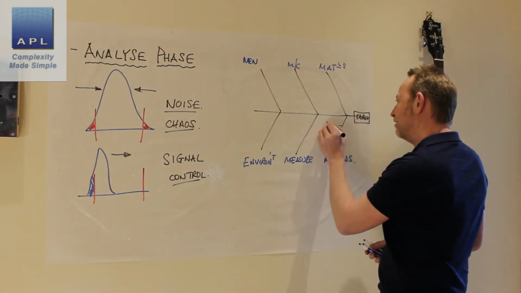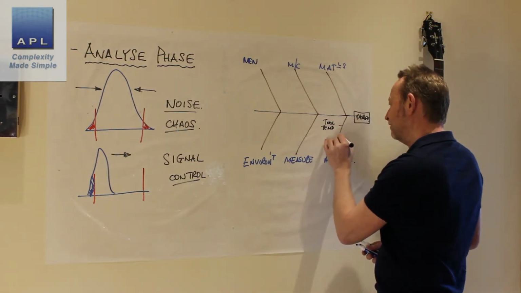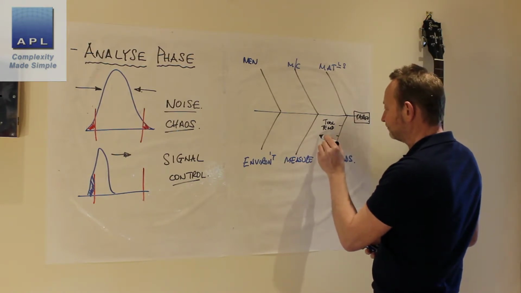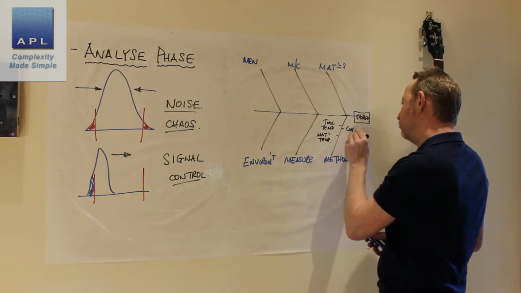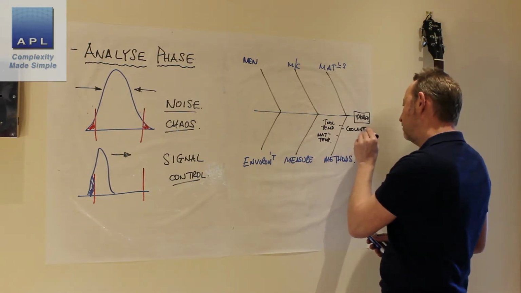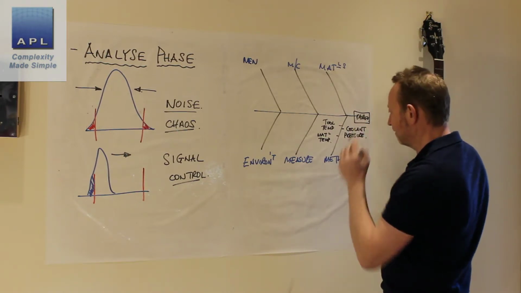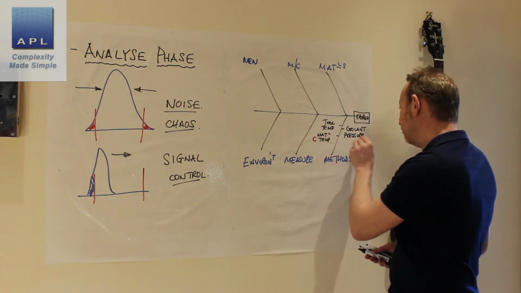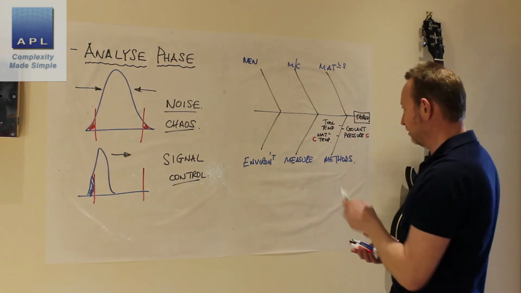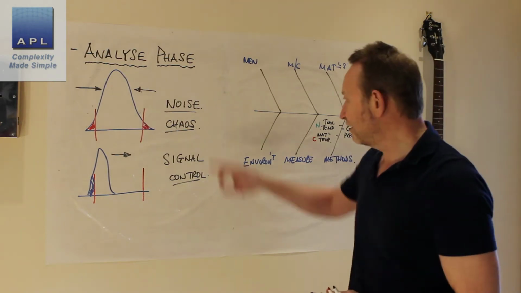So under methods, it might say, I don't know, tool temperature. It might say material temperature. It might say coolant pressure, etc. And what you're trying to ascertain is whether these are under control, which would be marked with a C, or whether they're out of control, which would be N for noise.